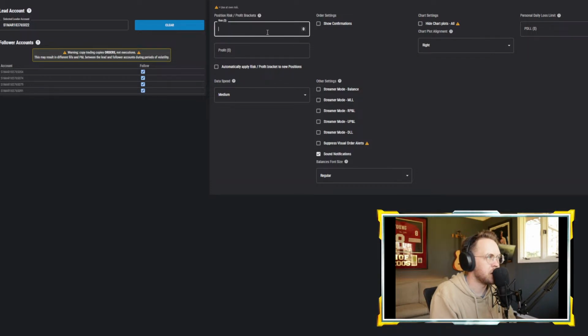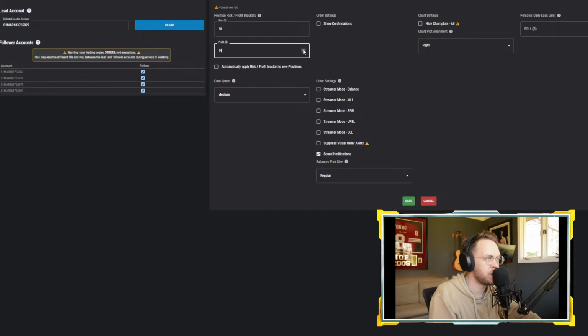Risk is 20 ticks. Profit, we'll do the same as we were doing on Trade of 8, which was 22 ticks of profit. Automatically apply. Yes, automatically apply. Okay. Let's save that and see if it worked.